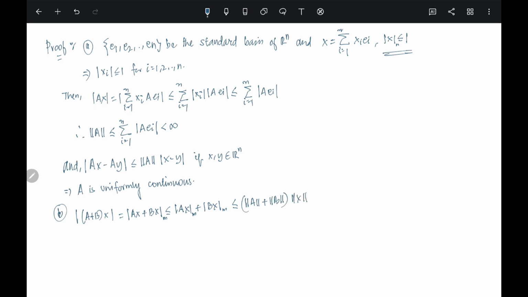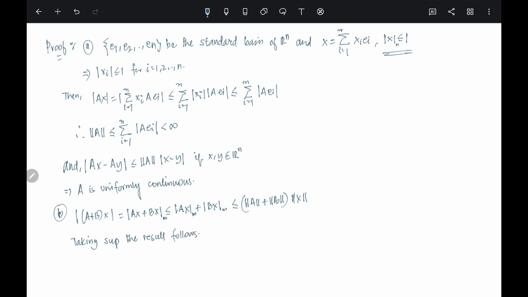Clear? Once this is true, of course you can take the supremum, and the result follows.